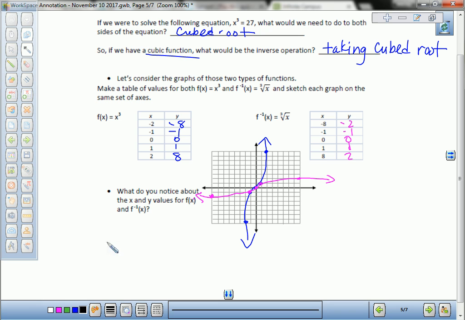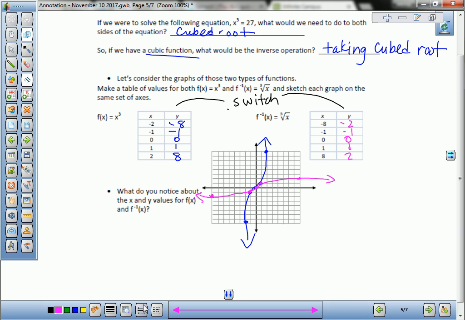Now, dealing with inverses, what do you notice about what's going on with the x's and y's in these two tables? What happens to our x's and y's? They switch. So, whether we're dealing with a linear function or a higher power function, when we look at its inverses, those x's and y's switch.